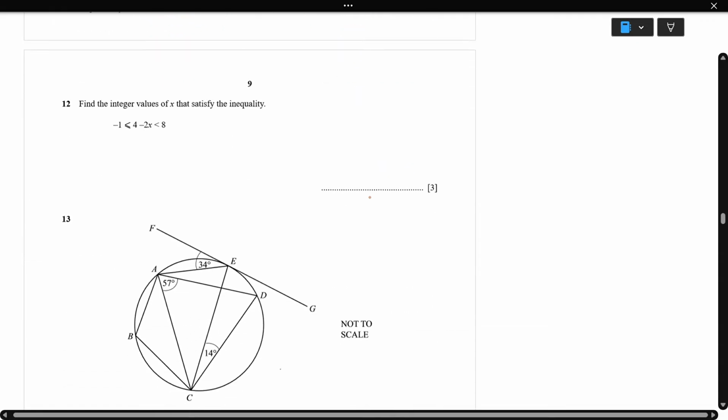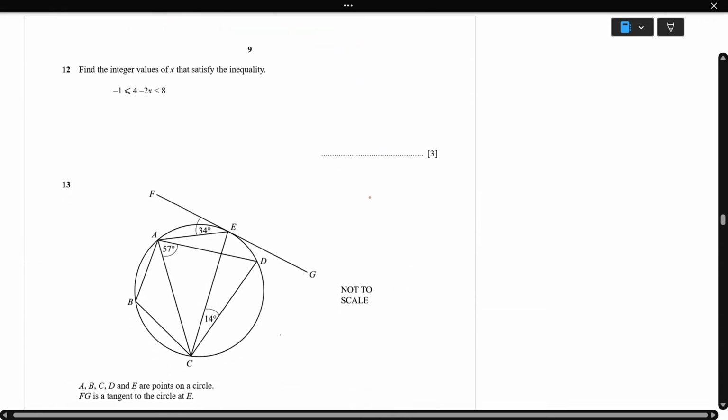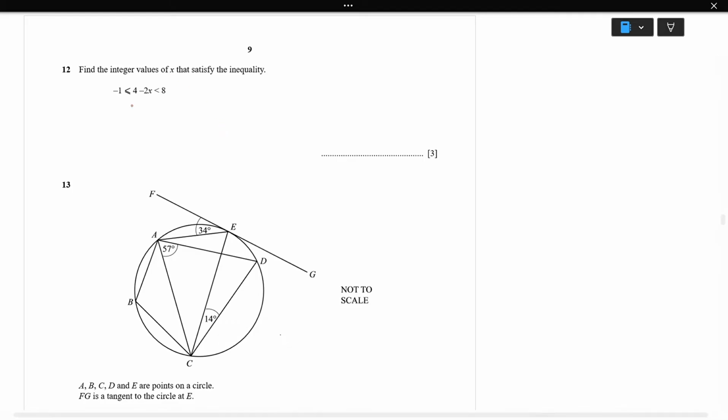The next question, question 12: find the integer values of x that satisfy the inequality. Here we need to make x the subject. First I'll remove the 4, so I'll subtract 4 from the entire inequality. So minus 5 is less than or equal to minus 2x, less than 4 here. Next, I'll divide the entire inequality by negative 2.